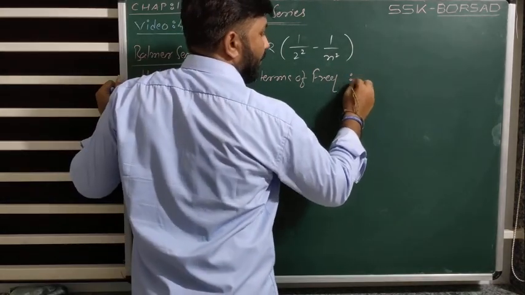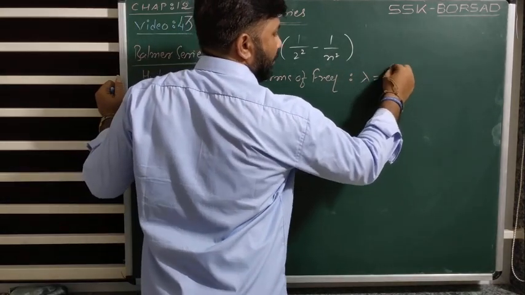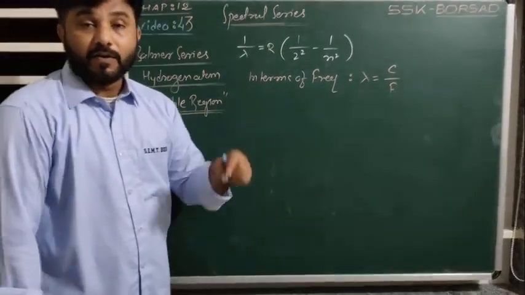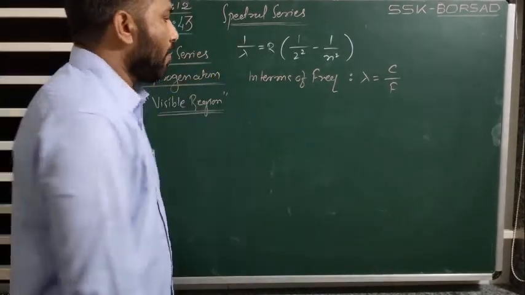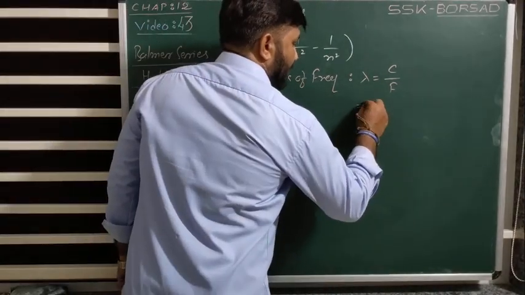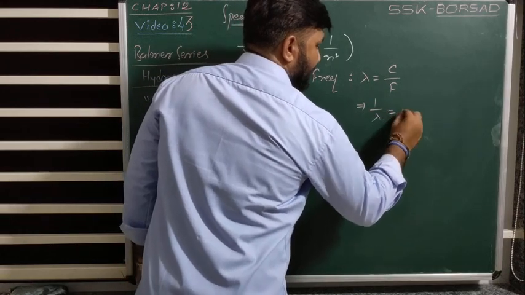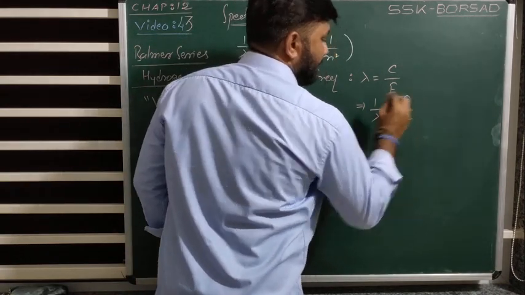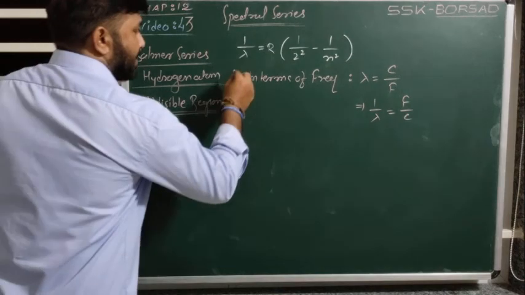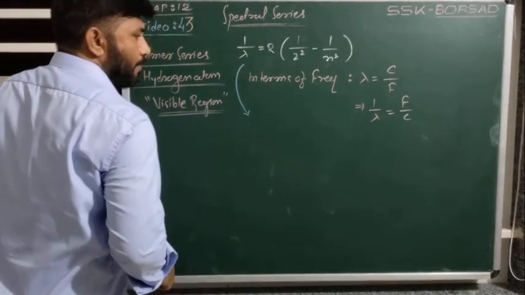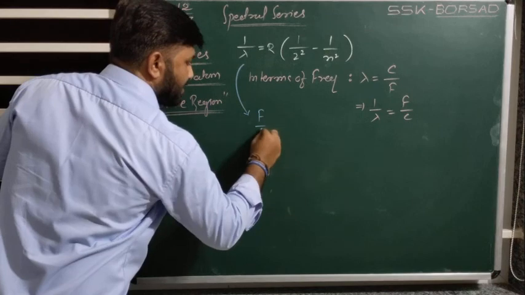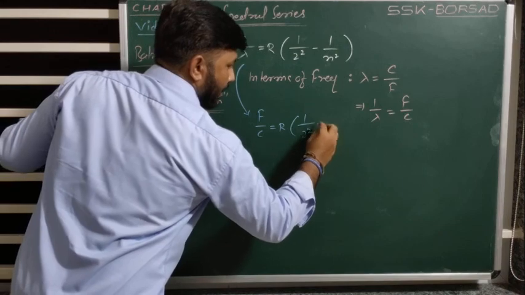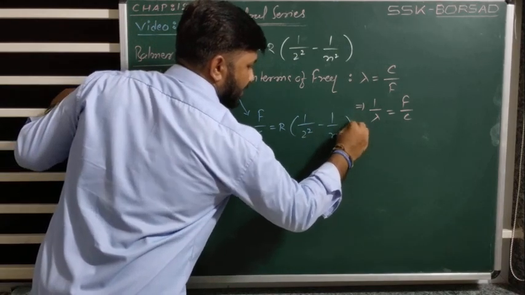Then what do we know? Lambda is equal to C by F. What is F? Frequency, or there is one more symbol, nu. From that, 1 upon lambda is equal to F by C. So in this equation, instead of 1 upon lambda, take F by C is equal to R times (1 upon 2 square minus 1 upon n square).